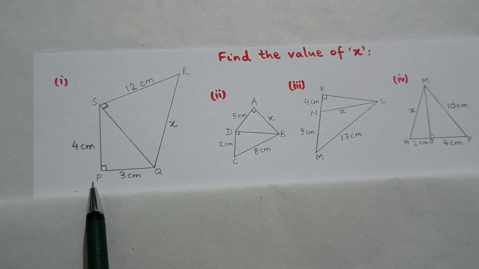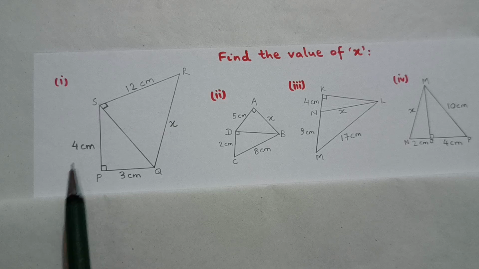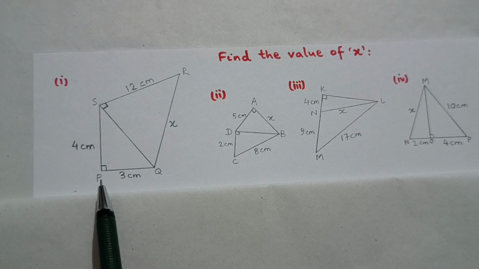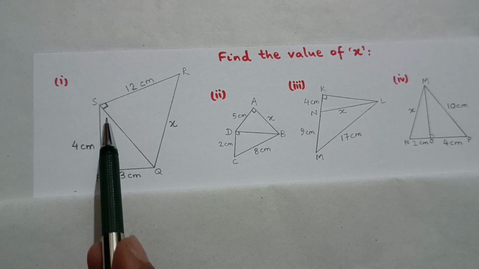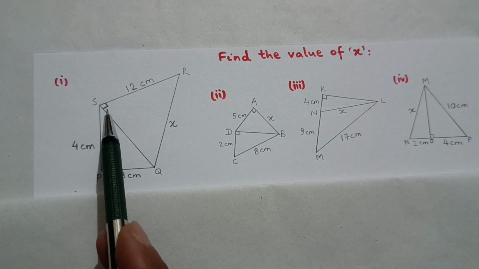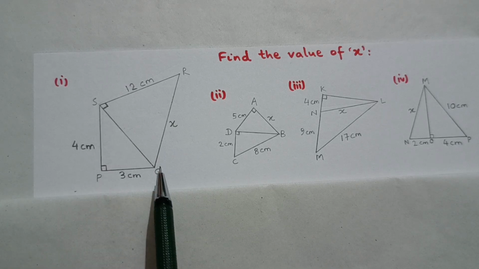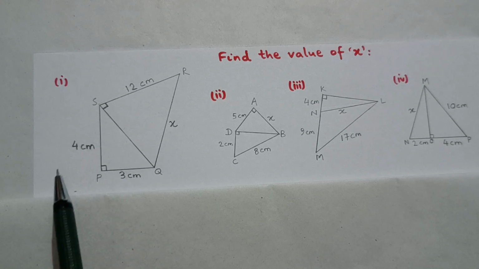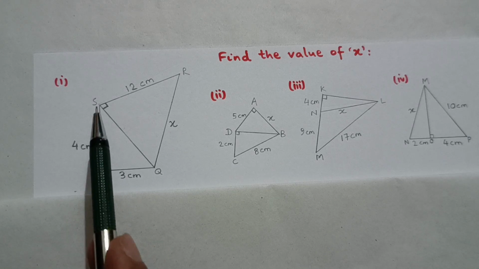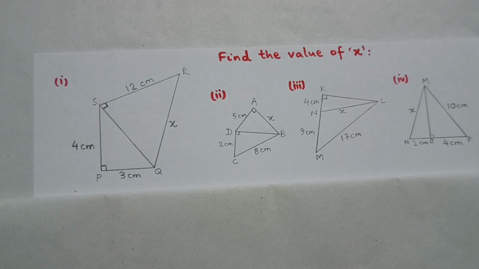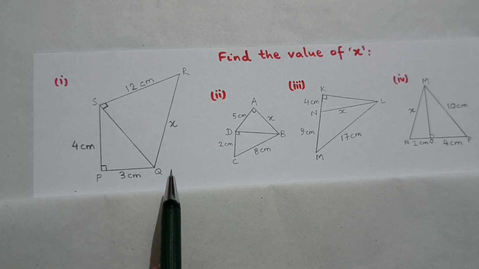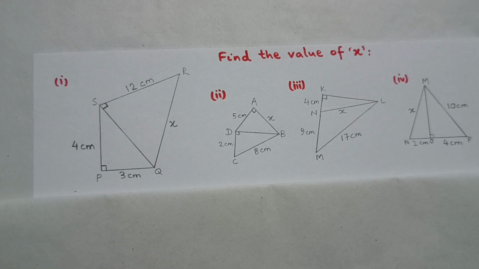We also know that SP is equal to 4 centimeter and PQ is equal to 3 centimeter. Angle RSQ is 90 degrees and angle SPQ is also 90 degrees. So using this information, we have to find out what is the value of x.